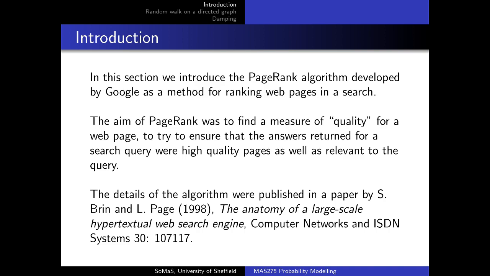It measures what you can call the quality of a web page, and basically we say that a web page has a high quality if there's lots of links to it, so if it's easy to reach it while browsing. This measure of quality is then used when you return the result of a search, by giving high quality pages priority in the results page. The details about this were published in a paper by the founders of Google, so it's an interesting bit of history.